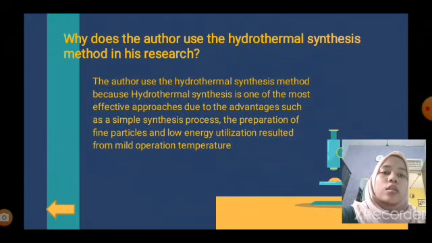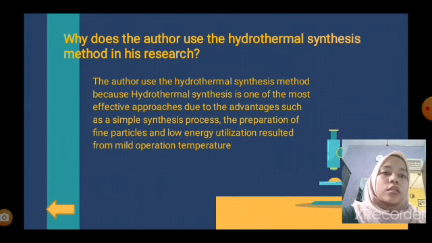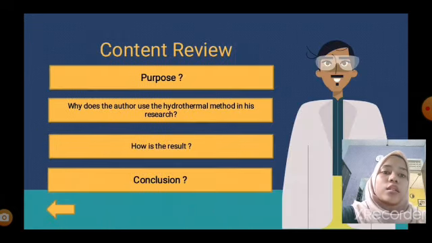The author used the hydrothermal synthesis method because hydrothermal synthesis is one of the most effective approaches due to advantages such as a simple synthesis process, the preparation of fine particles, and low energy utilization resulting from mild operation temperature. And then next question, how is the result?